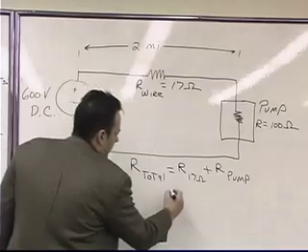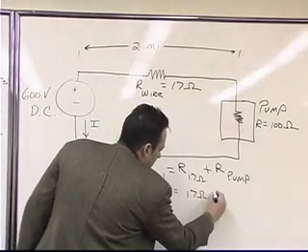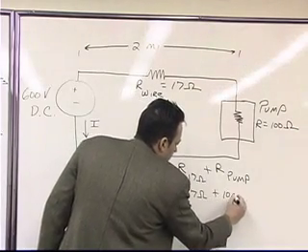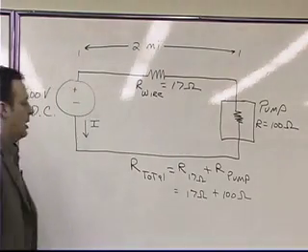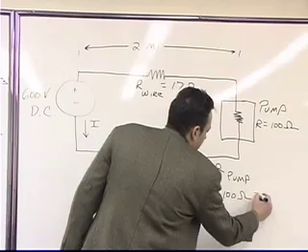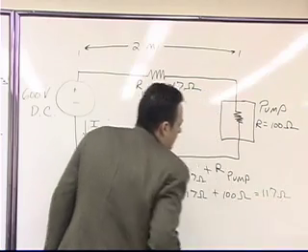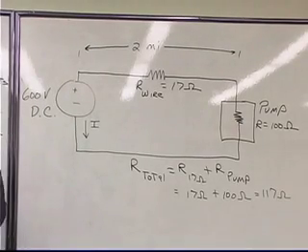And clearly, that's going to be equal to 17 ohms plus 100 ohms. So when we combine those, we're going to get 117 ohms. So if we were to draw an equivalent circuit, question?